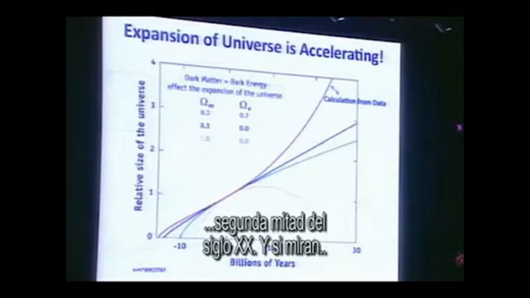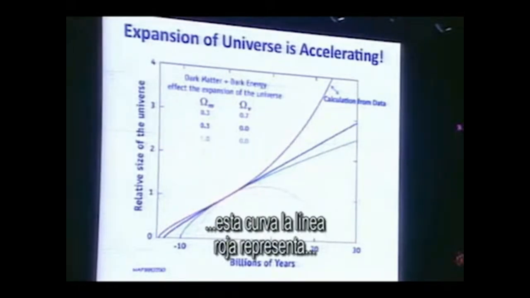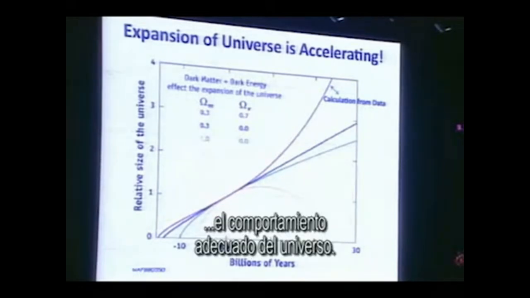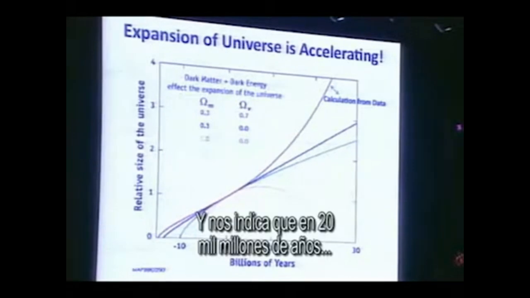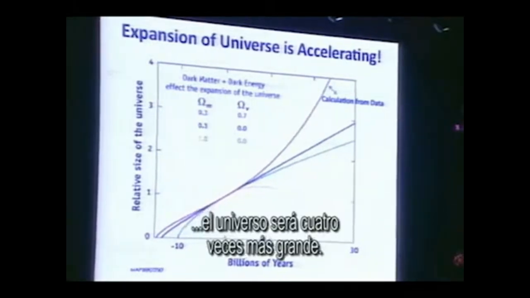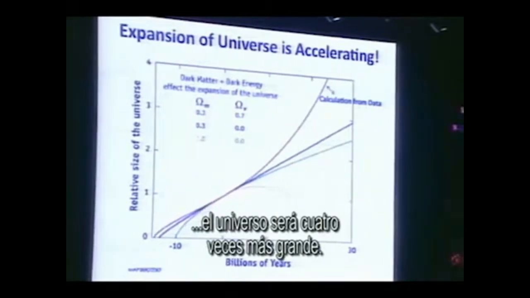If you look at this curve in front of us, the red curve represents what we think is the proper behavior of the universe. It shows that roughly 20 billion years from now, the universe will be 4 times bigger. Well, it's just a number. But it will also be very, very close to absolute zero. It'll get much, much colder than it is now.